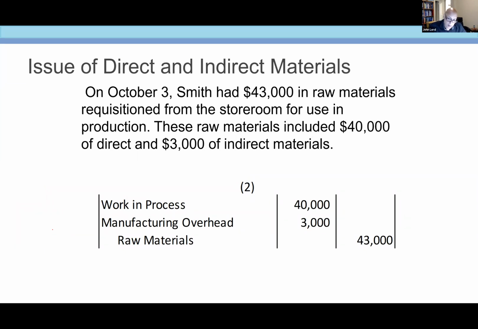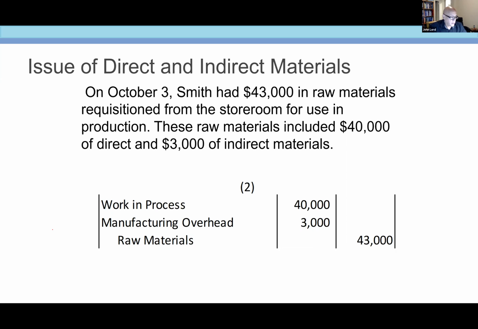If it's direct, this 40,000, it goes to work in process. If it's indirect, since we can't trace it directly to the job in work in process, we're going to have to park it in manufacturing overhead. It'll get to work in process through our predetermined overhead rate when we apply it. And that'll happen in a little while here. Questions so far?